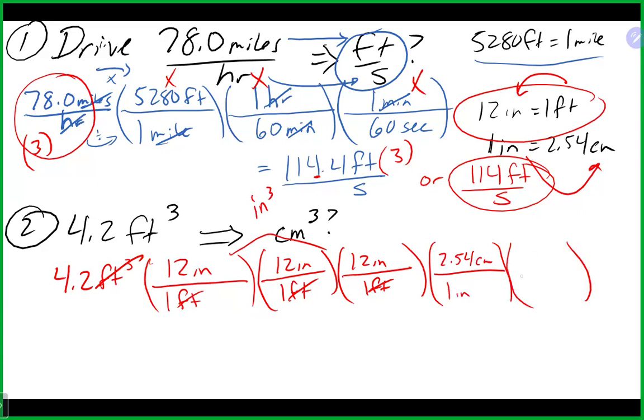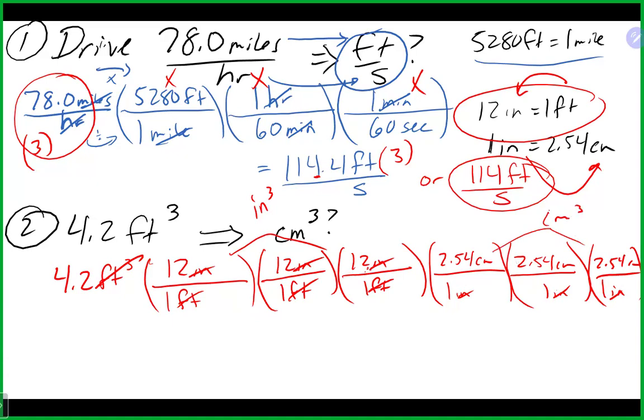And again, we need to do it not once, not twice, but actually 3 times. Good thing it wasn't 4. There we go, 2.54 centimeters, 1 inch, 2 inches, 3 inches, inches cubed to take care of all those guys. That now leaves us centimeters cubed as our final unit.